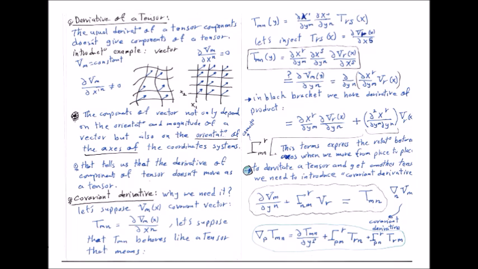So the orbit of a particle under a gravitational field acting on it will follow geodesics. And the right-hand side of the previous equation expresses the gravitational force.